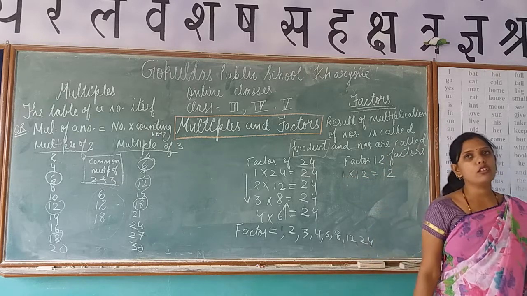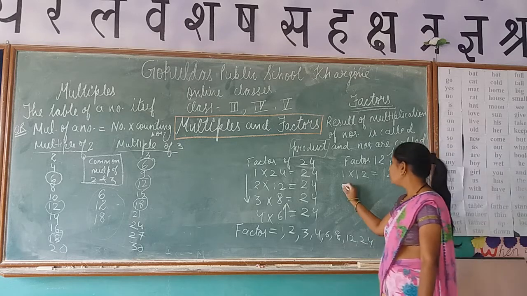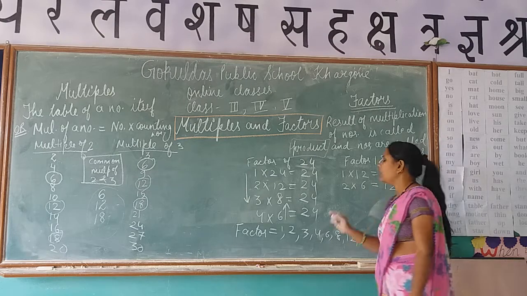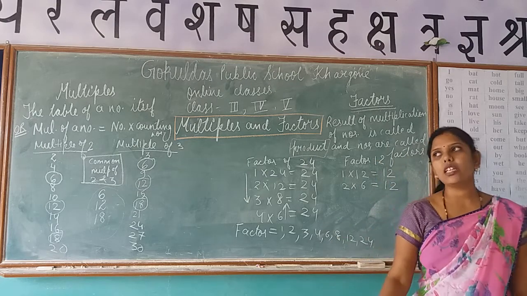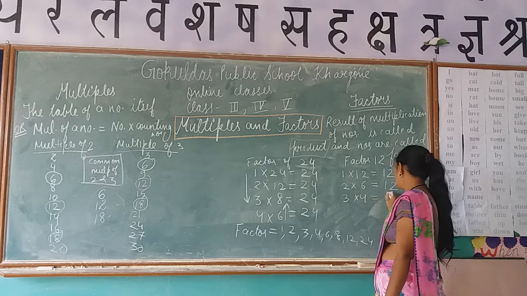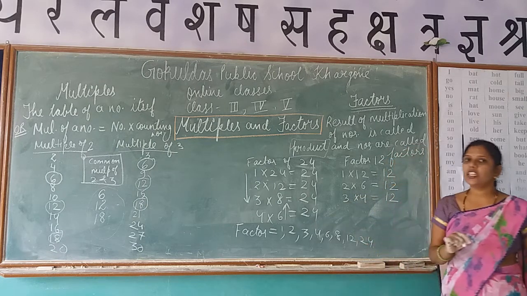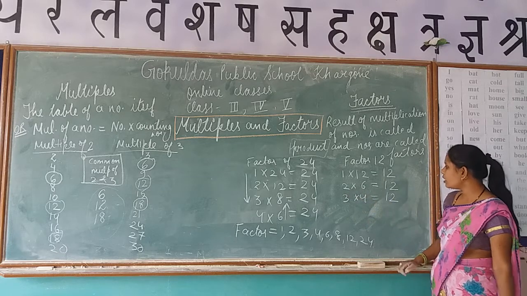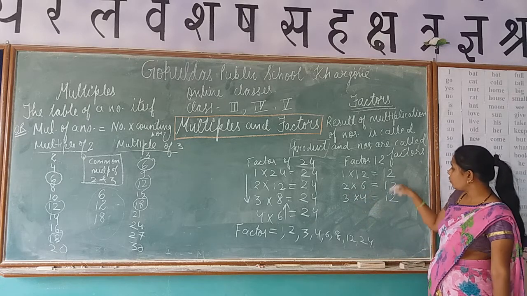In table of 2 also 12 is there, so 2 into 6 is equal to 12. In table of 3 also 12 is there, so 3 4s are 12. Again in table of 4 we have written 6. No other number.